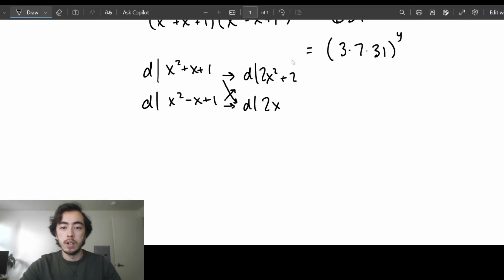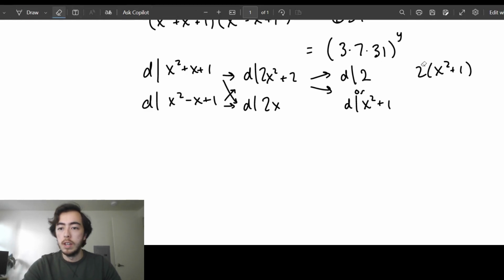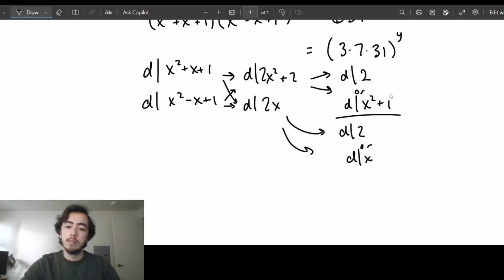So being able to factor this expression here, I know that d divides either 2, because I'm factoring it like this right now, or d divides x squared plus 1. And then let's do it for the second one as well. D divides 2, or d divides x.